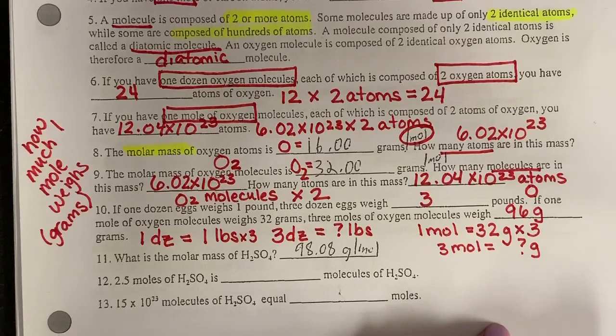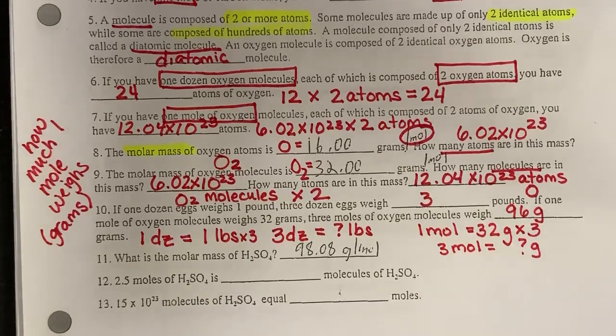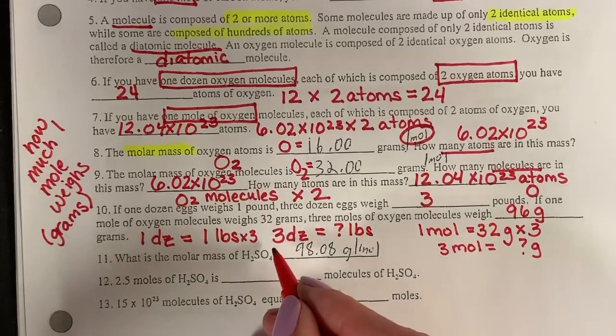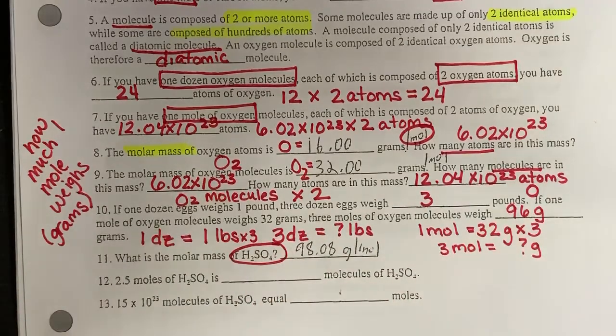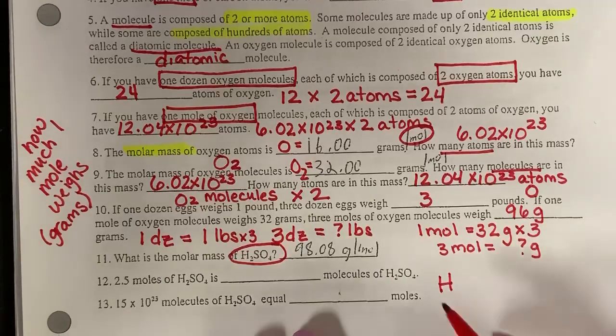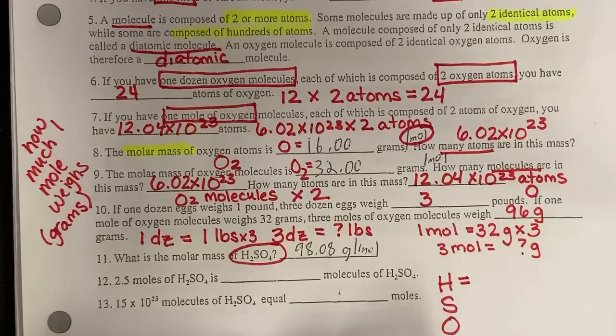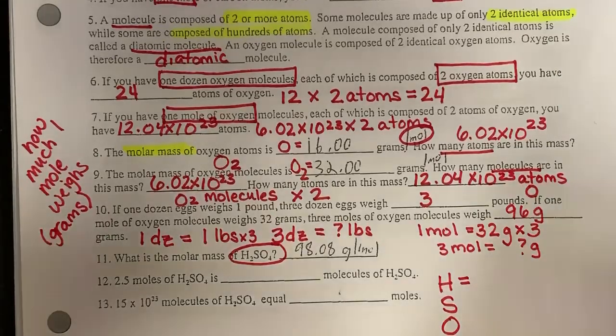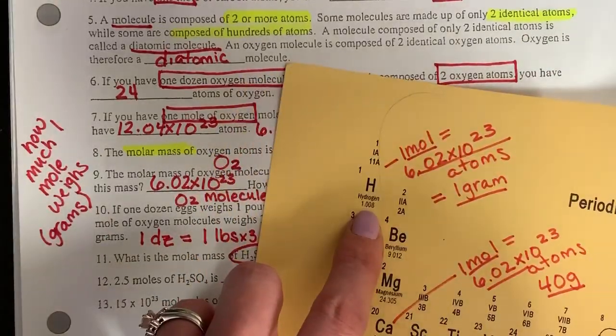Okay? So when we have a compound, we need to find the molar mass of everything that makes up the compound. Okay? So here I've got H2SO4. H2SO4 is made of H, S, and O. H, and I'm going to round this, weighs 1 gram.